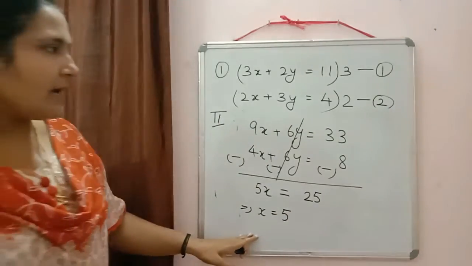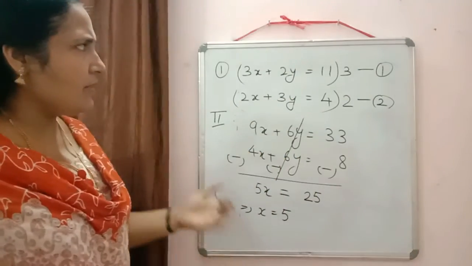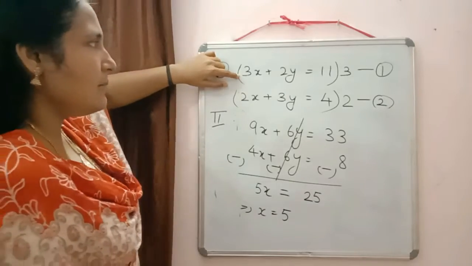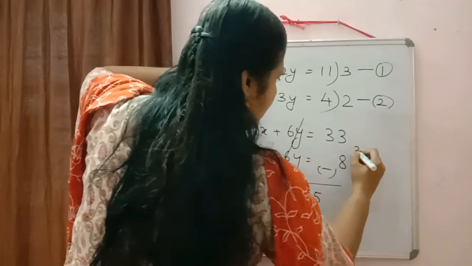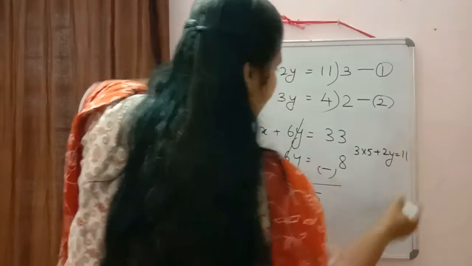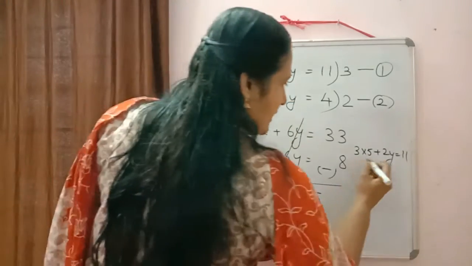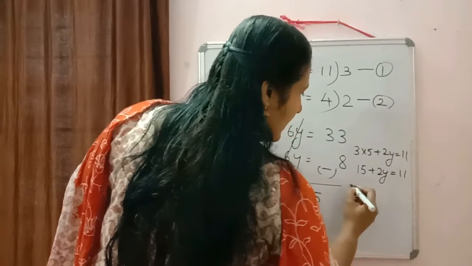Again, to get the value of y, we will substitute the value of x in any one of the equations. So suppose this time I am substituting in equation number 1. So it will be 3 into 5 plus 2y is equal to 11. Not 33 there, this equation. So 3 into 5, 15 plus 2y is equal to 11.